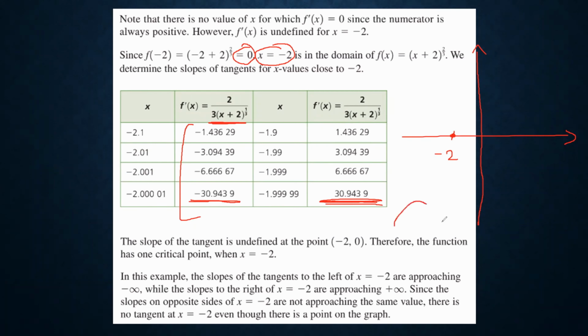Let's say I have a nice parabola like this, and I have a point on the top. Let's say this would be a tangent line to the left hand side. The last tangent line to the left hand side would be almost 0, almost tangent and horizontal, right? And to the right hand side, it would be looking downwards, almost close to 0.